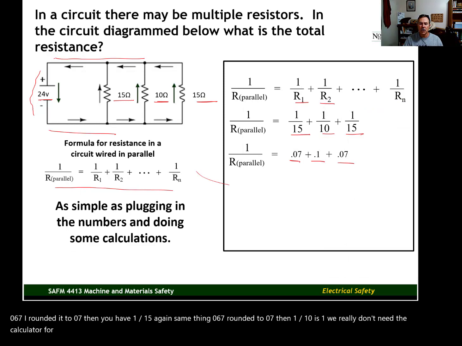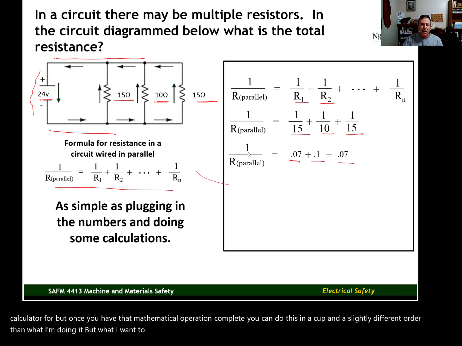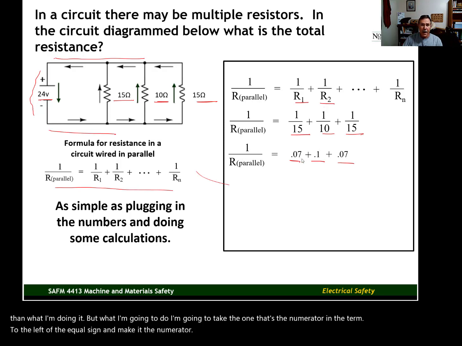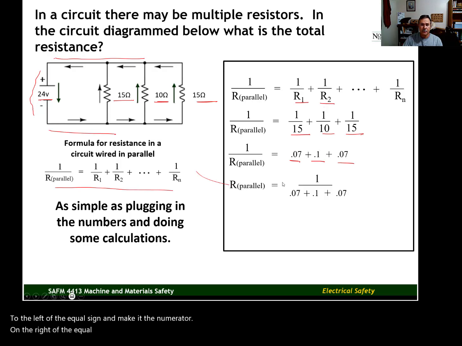But once you have that mathematical operation complete, you can do this in a slightly different order than what I'm doing. What I'm going to do is take the 1 that's the numerator in the term to the left of the equal sign and make it the numerator on the right of the equal sign. All I did was slide the 1 over.